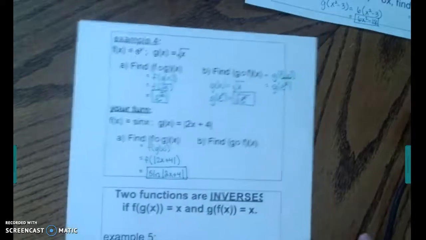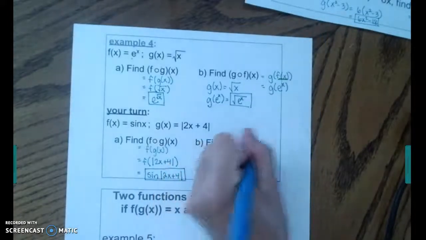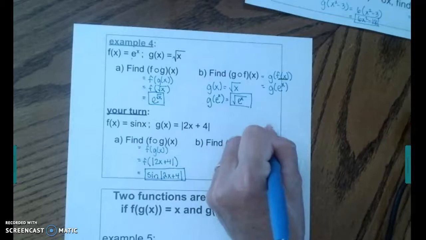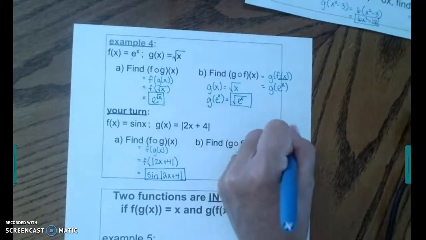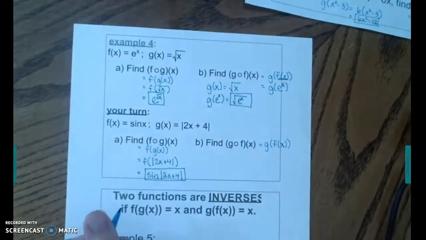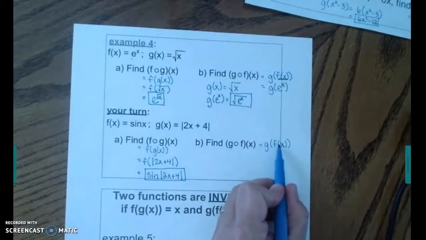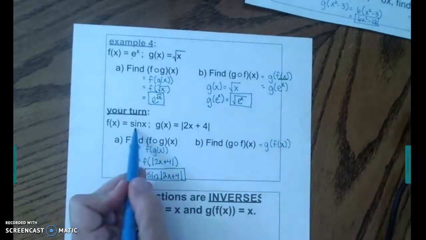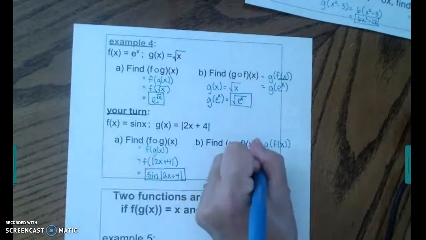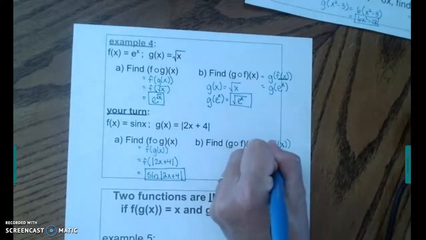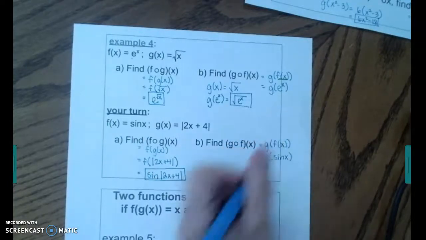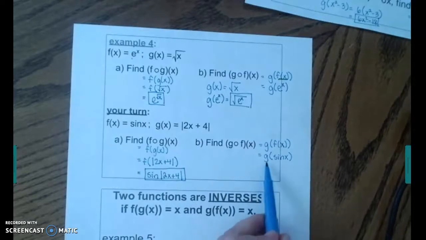Same thing here, they just switched it around on you. So this is the same thing as asking for what is g of f of x. So I'm going to go figure out, okay, what is f of x equal to? It is equal to sine of x. So I'm going to replace that. So now I'm looking for g of sine of x.